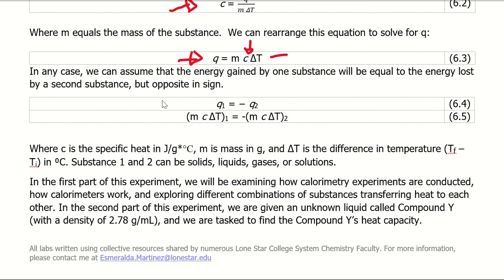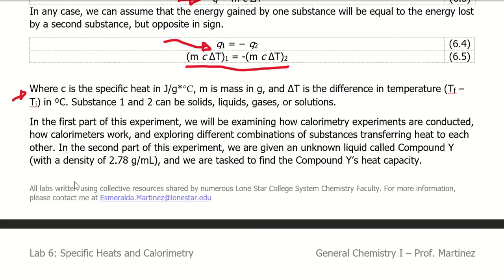Because we know that heat is simply transferred from system to surroundings, we can set these equal to each other, the MCAT on one side equal to the MCAT on the other side, except with opposite signs. And here I describe the units.